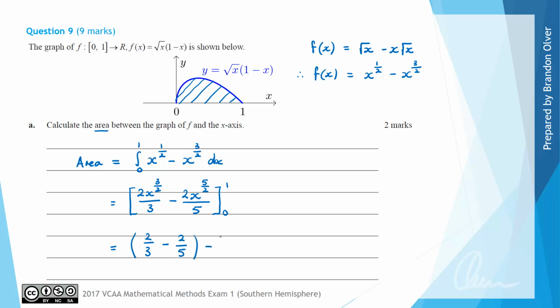Then we substitute in the lower terminal, but substituting 0 into both of those terms just leads to subtracting 0 overall. To finish we need a common denominator, so we'll need 15. This is the same as 10 on 15 subtract 6 on 15, and that equals 4 on 15. So that is the answer to part A of this question.